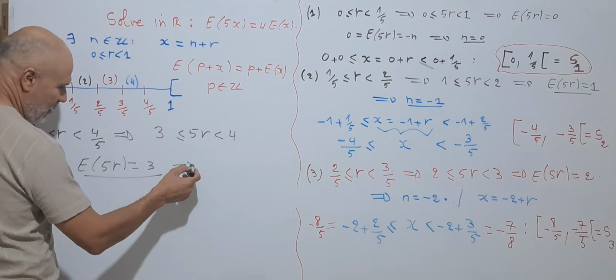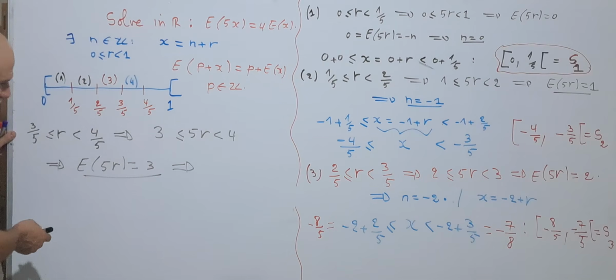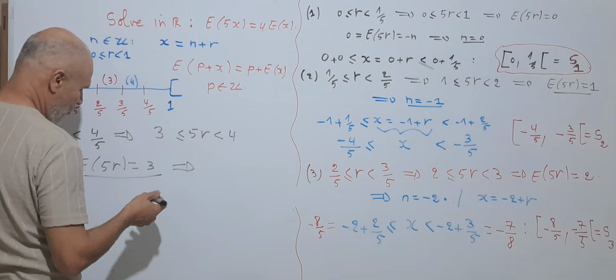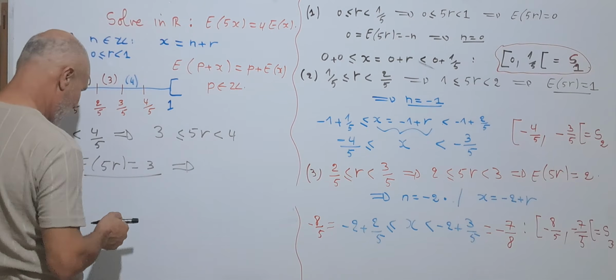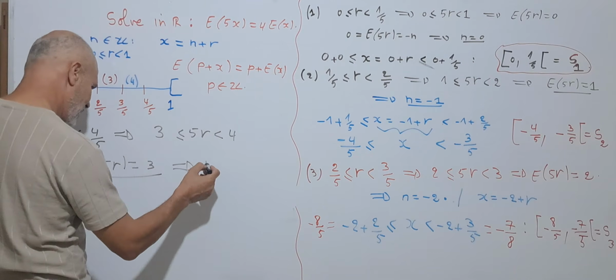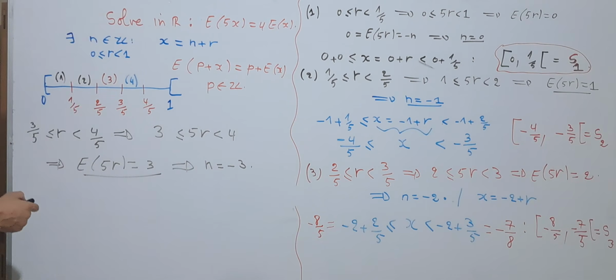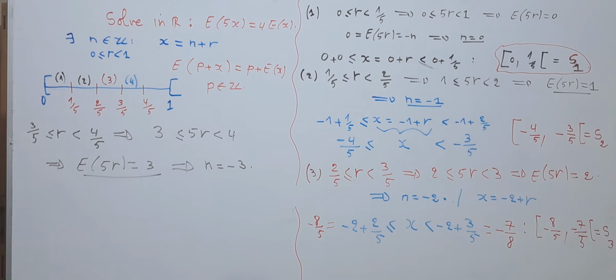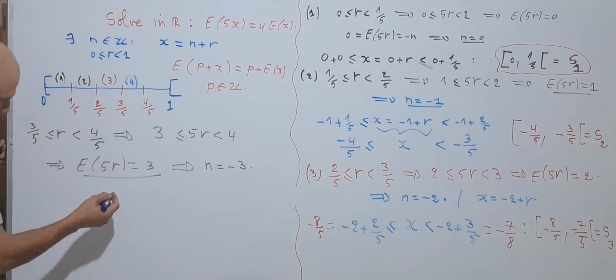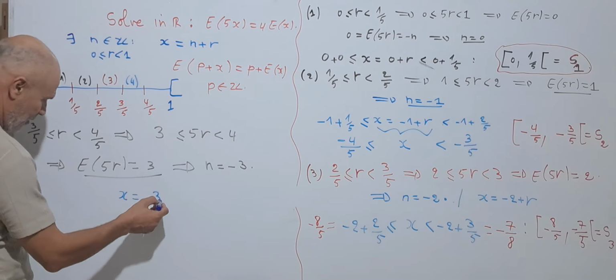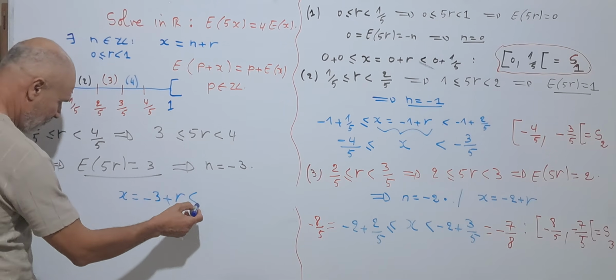We deduce quickly that n is equal to minus 3 from the original equation, and we have x equal to minus 3 plus r.